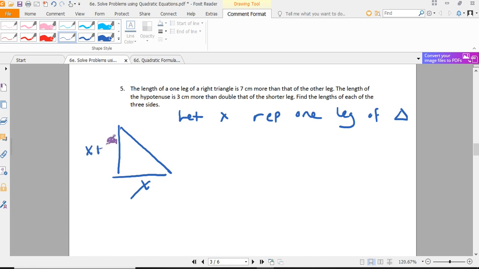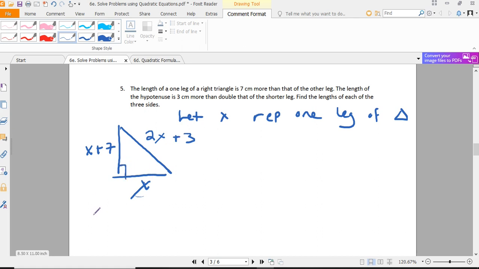I know this one will be 7 centimeters more. The length of the hypotenuse is 3 centimeters more than double the shorter leg. Well, which one of these is shorter? Obviously this one. So double of that. Find the length. So in other words, I have to solve for x.